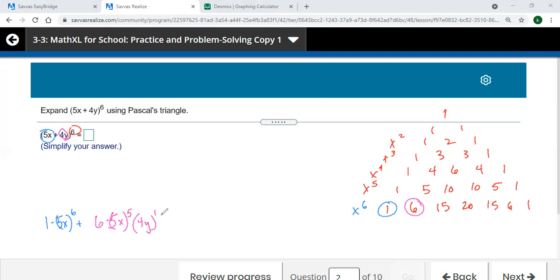So the 5 and the 1 exponent still add up to a 6. And then you just keep going like that. The next one, I've got the 15. And then it's the 5x to the 4th, but the 4y is squared, 4 and 2 adding up to the 6th. And we just keep plugging along.